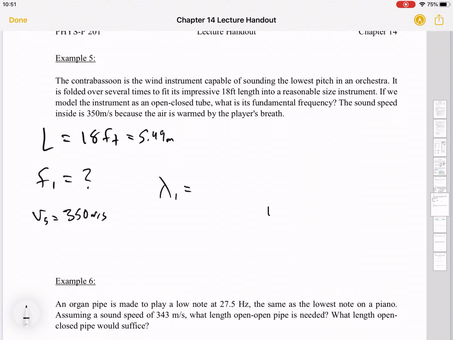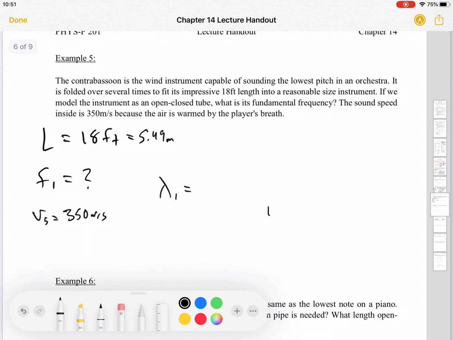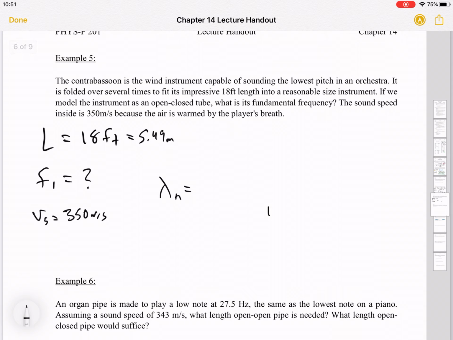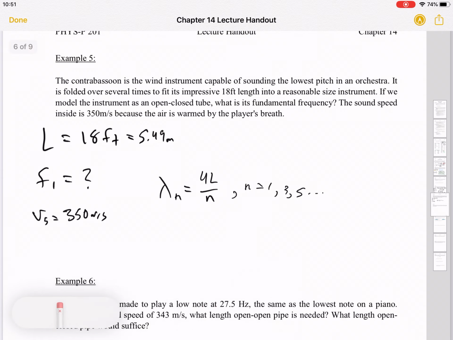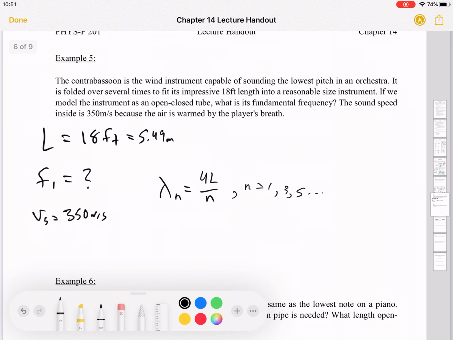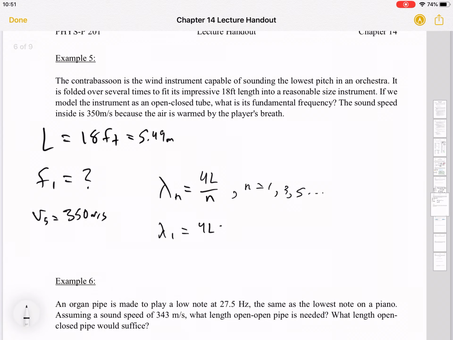So lambda sub n, we just found lambda sub n is 4L over N, where N equals 1, 3, 5. If we're just going for 1, though, then I just need 4L, right? So lambda 1 is 4L, or 5.49 meters times 4, which is 21.9 meters.